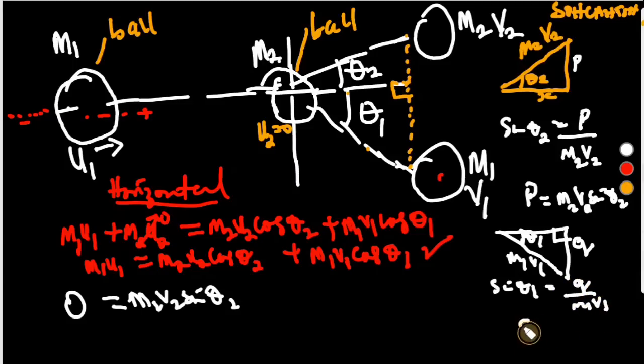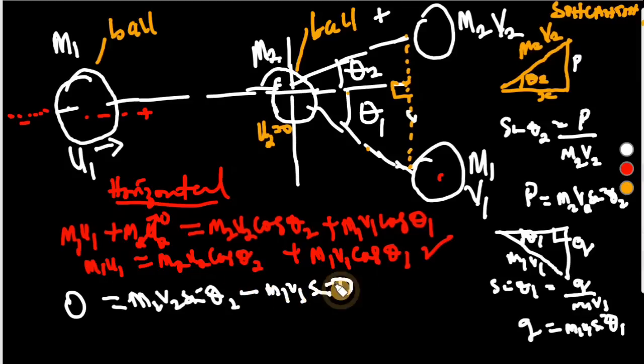So q is m1v1 sine theta 1. And since this is downward, we take the upper side as positive and this as negative. So this becomes minus m1v1 sine theta 1.